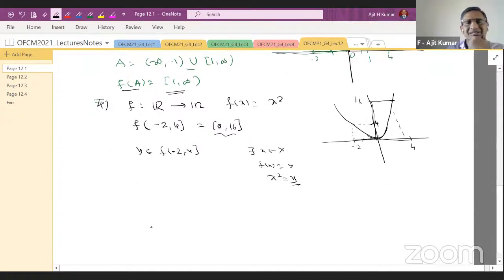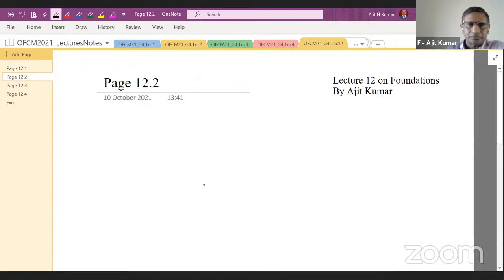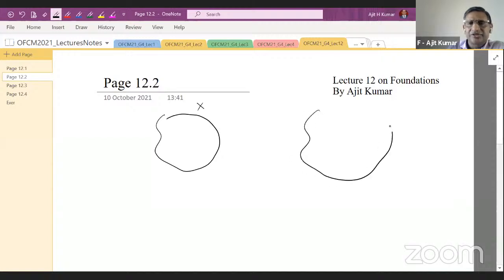Okay, now let us again play with this definition. I have again this x. This is my y, right? And suppose I take two subsets.